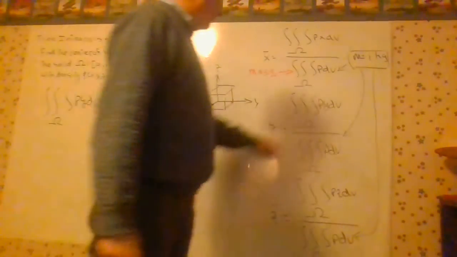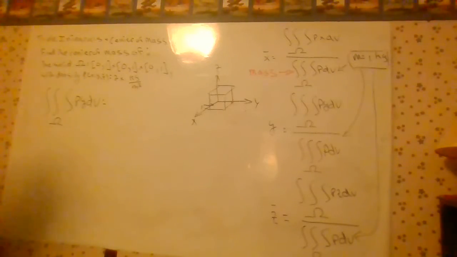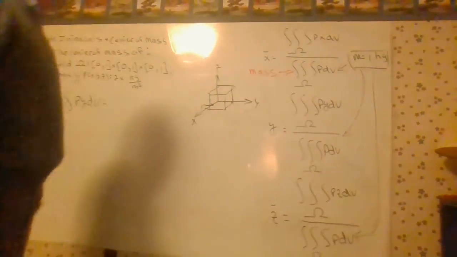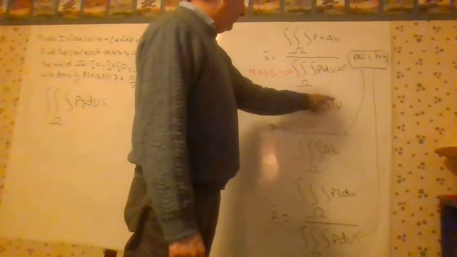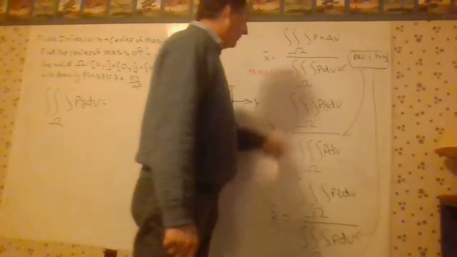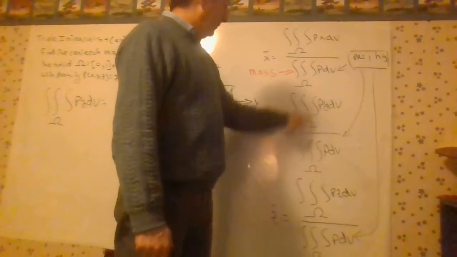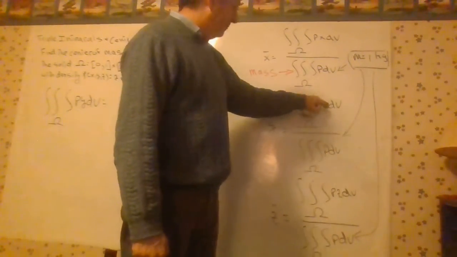Okay, so we're going to calculate this integral right here and then divide by the mass, which is 1 kilogram. And the units on this, by the way, you can calculate dimensionally. Kilogram per cubic meter gives you a kilogram, and then this is meters, so the units on the top would be kilogram meters.